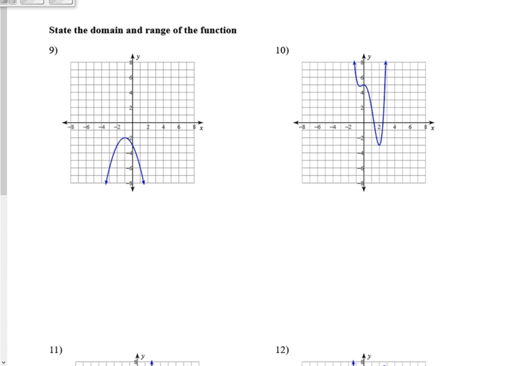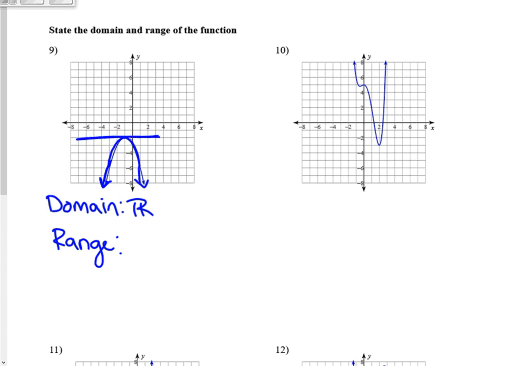On the back here, it wants us to state the domain and range of the function. So domain of this first function, remember my domain is going from left to right because my domain is my x values. This graph goes forever to the left and it goes forever to the right, so my domain is all real numbers. My range on this function, it goes down forever, but my graph does not go up forever.